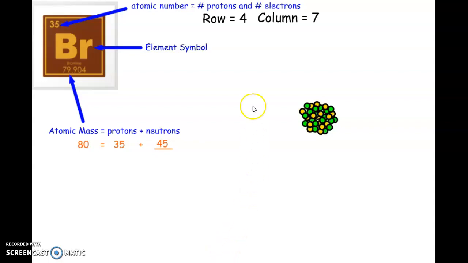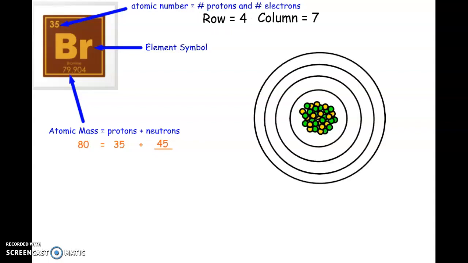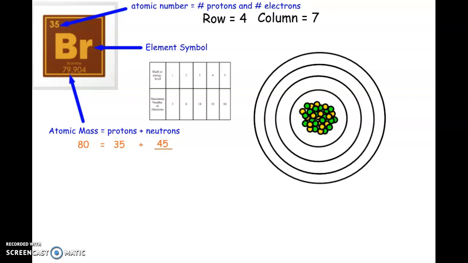Now we go to the top here where it says row 4. That tells us there are 4 energy rings, or orbitals, around the nucleus. So here they are, 1, 2, 3, 4 rings. Earlier when we went through, we found out that each shell or energy level can hold a specific amount of electrons.